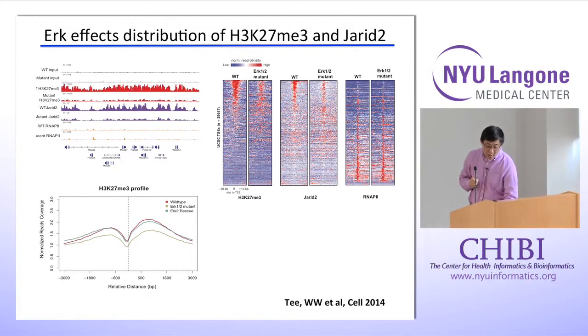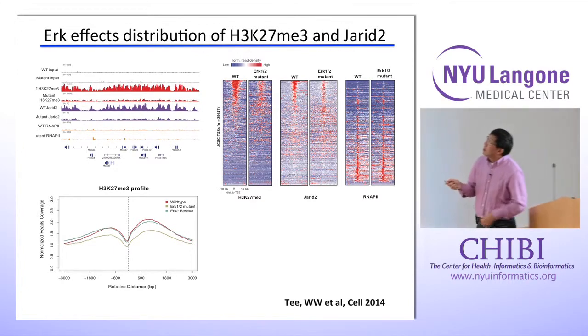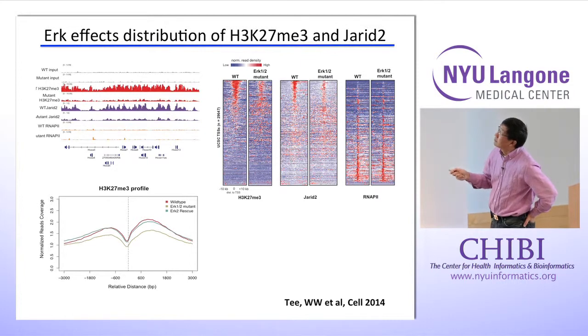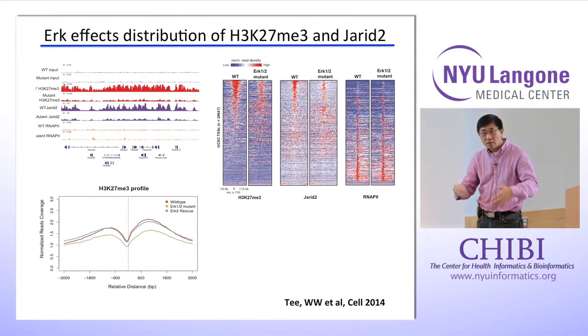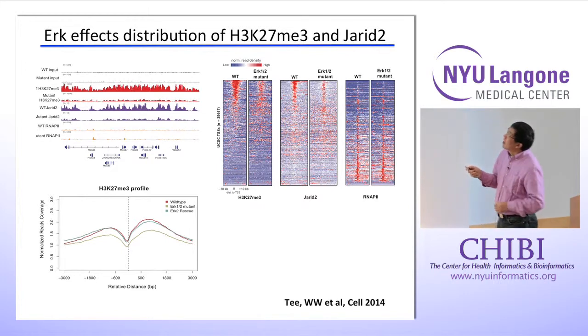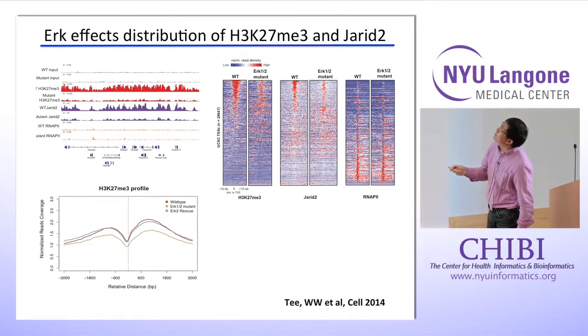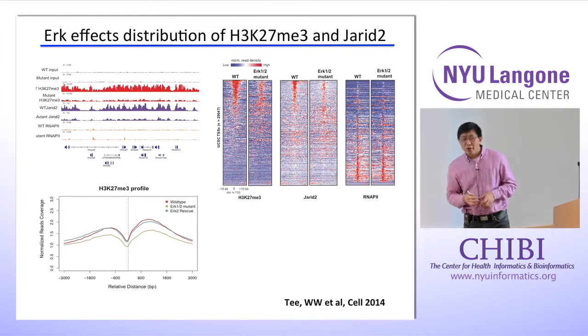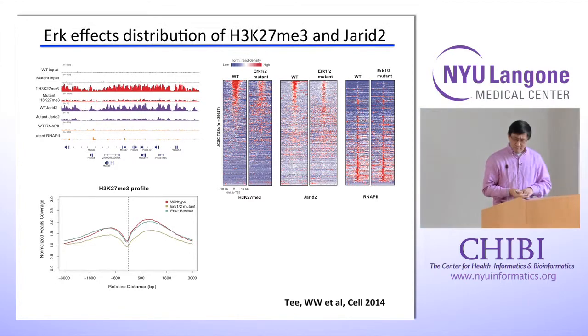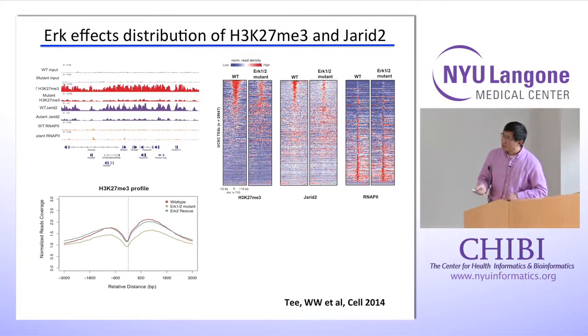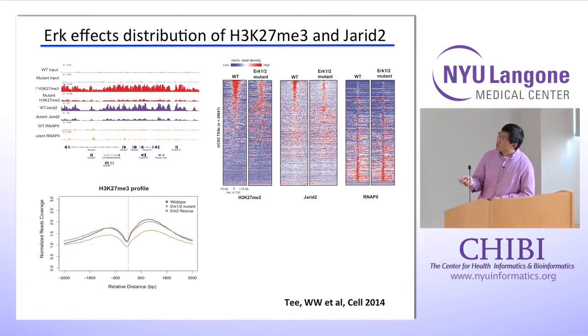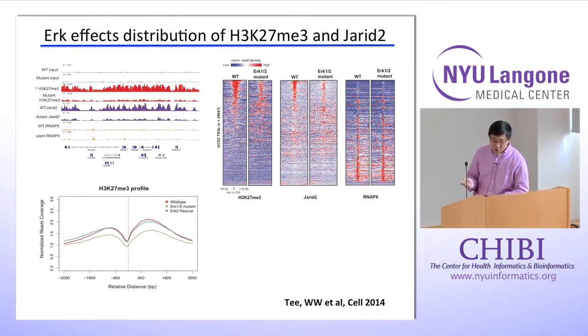Genome-wide, you can see K27 distributed like this, and in the mutant the K27 signal at exactly the same loci has faded. The same thing for Jarid2. And this is RNA polymerase 2, Pol2, as a contrast.